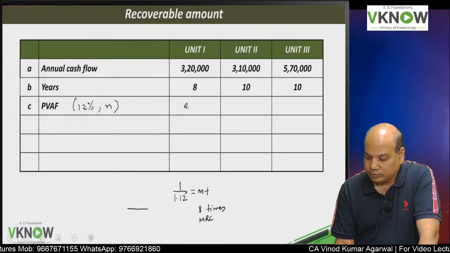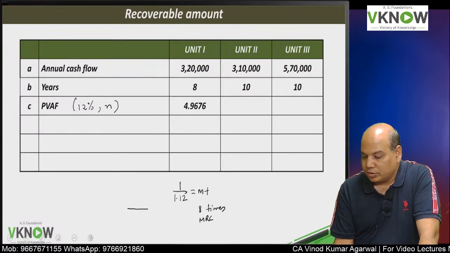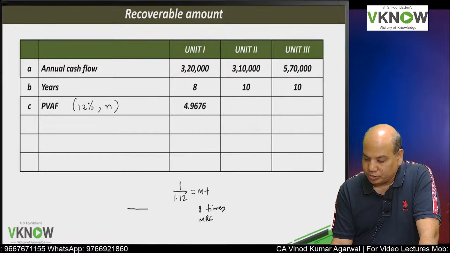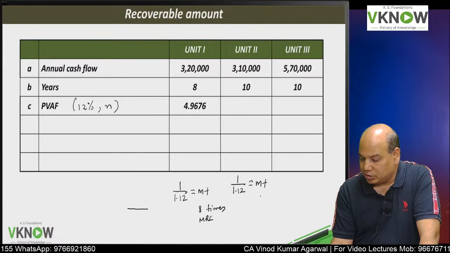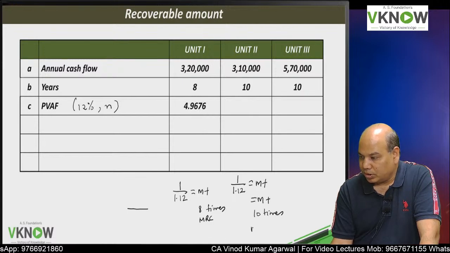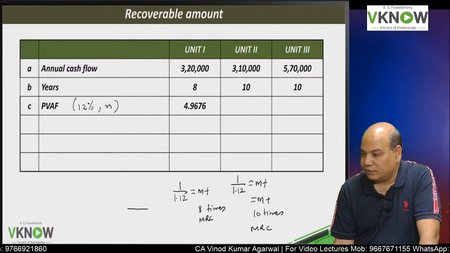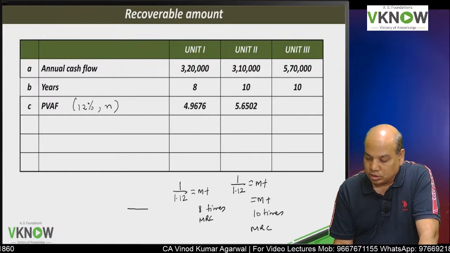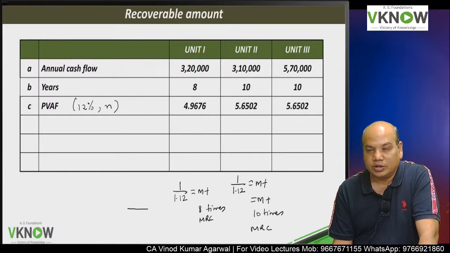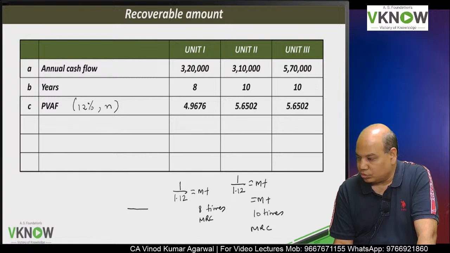You will get 4.9676. Next column: 1 divided by 1.12 equal to, memory plus, then 10 times memory recall function, MRC function. You will get 5.6502, and the same answer for unit 3, 5.6502.